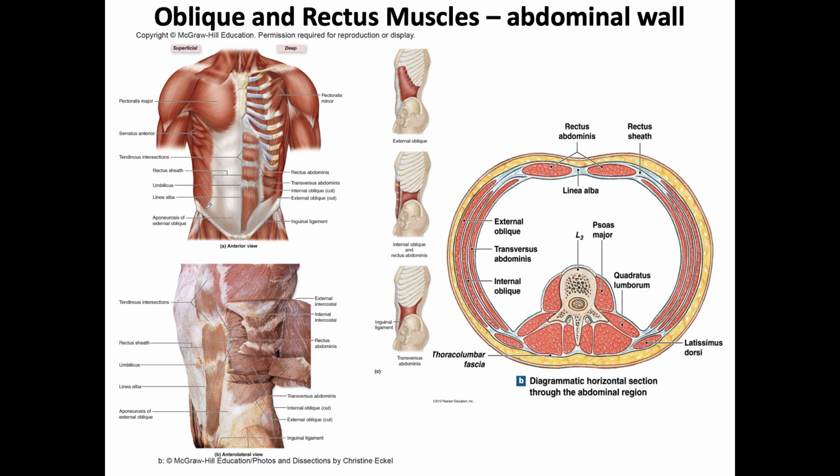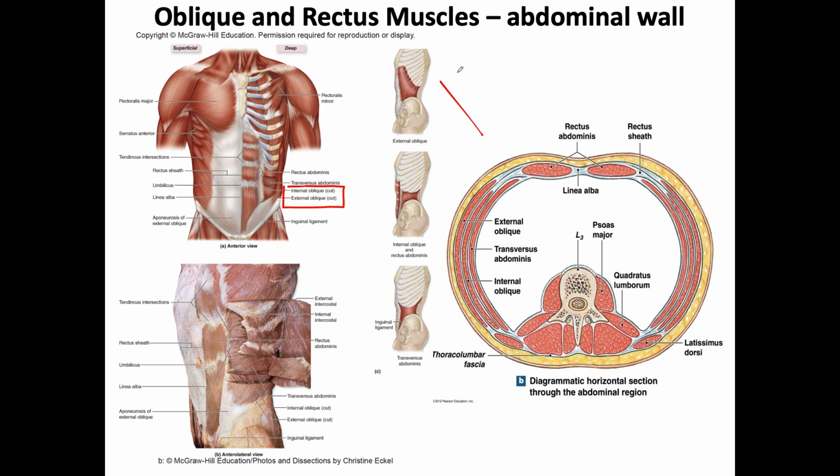Okay. So let's move in and look at the oblique and rectus muscles now. So let's start with the obliques first. Remember that just is referring to the orientation of those fibers. So these are named for that fiber orientation, oblique. So we have external obliques and internal obliques. Okay. So first, our external obliques. This is nice because they make the exact same pattern as our external intercostals.